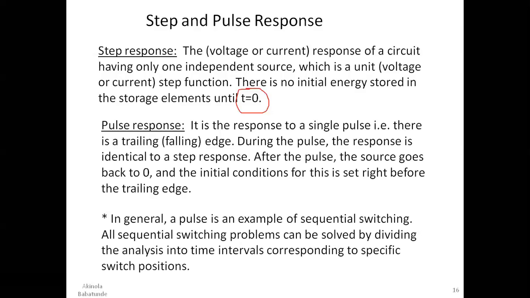Okay, so in general, a pulse is an example of sequential switching. A sequential switching problem can be solved by dividing the analysis into time intervals corresponding to specific switching positions. And we're going to use some examples to explain all of these.